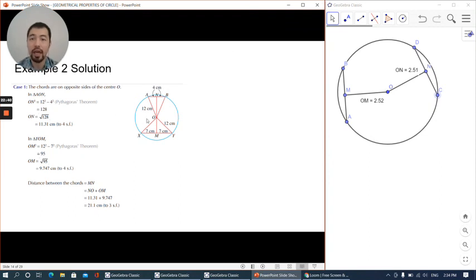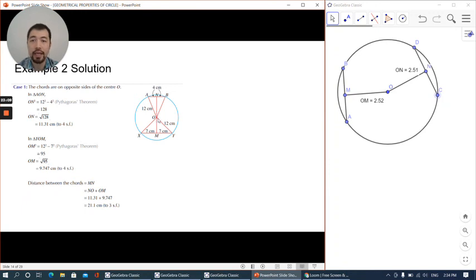In triangle AON, we can get ON, because we know line AB is bisected by ON, right? So AN is 4 and OA is 12, so we can get ON using Pythagoras theorem. So ON is 11.31.